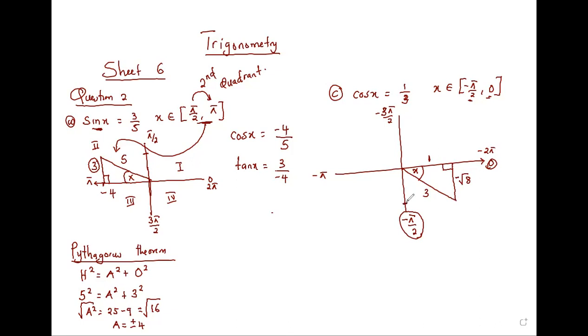Because it's below the x-axis, and that is the y-value. You see? Now we must get sine. What is sine x? Sine x is opposite, which is minus root 8 over hypotenuse. What is tan? Tan x is opposite over adjacent, which is here.